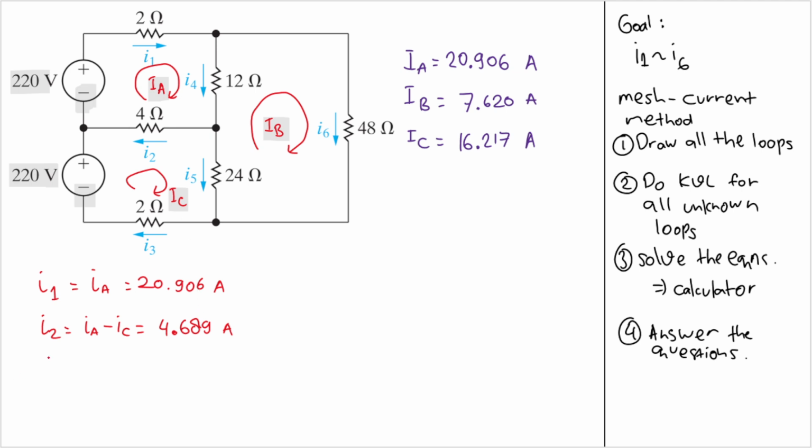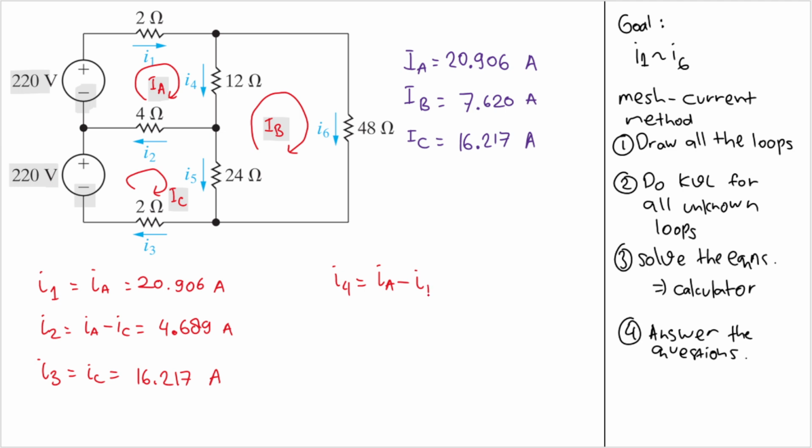Good. Now what is I3? Where is I3? This one here. But that is easy, right? I3 is equal to IC, so we can just copy IC there. So I have 16.217 ampere. And then what is I4? I4 here is the one that has the same direction as IA, so I have IA, and then IB has a different direction.